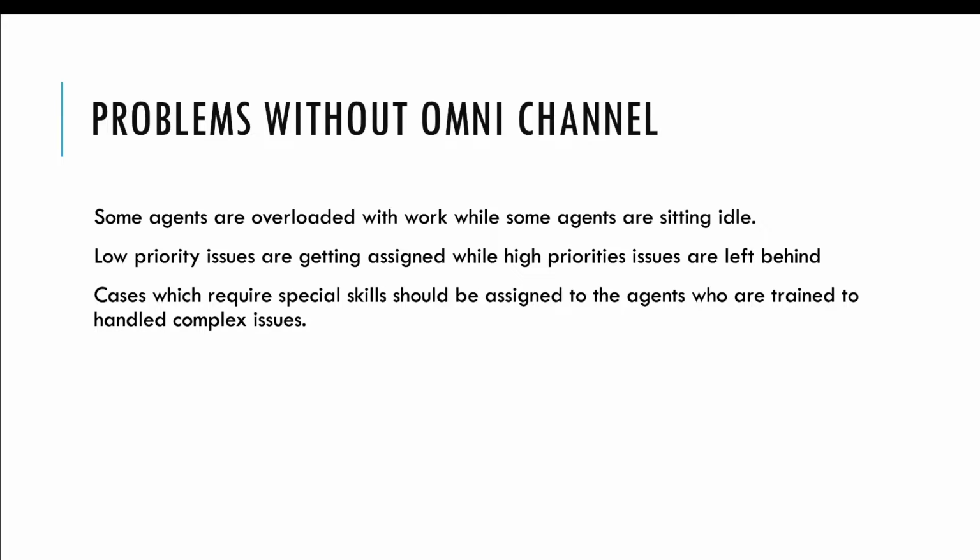So in order to automate this, cases created for a specific product have to go to a specific agent, or a queue of agents, which has that specific skill. That kind of problem is resolved by Omni-Channel.